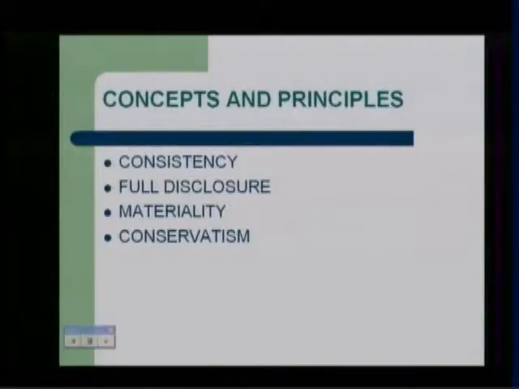We try to do all our inventory the same way, our depreciation the same way, so that we have consistent results they can compare. Another term that's often used in accounting these days is the term full disclosure.